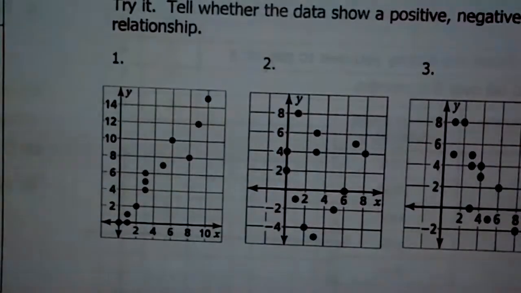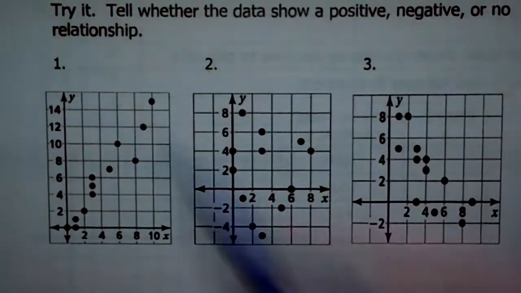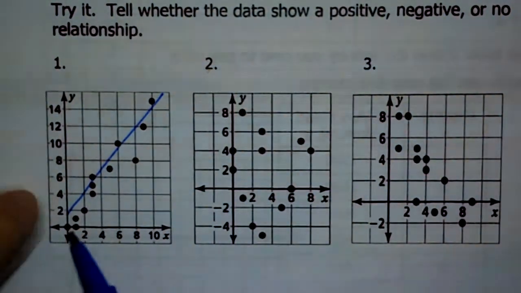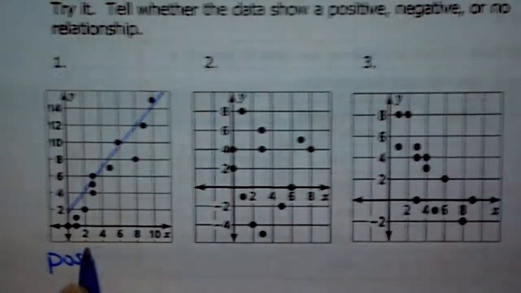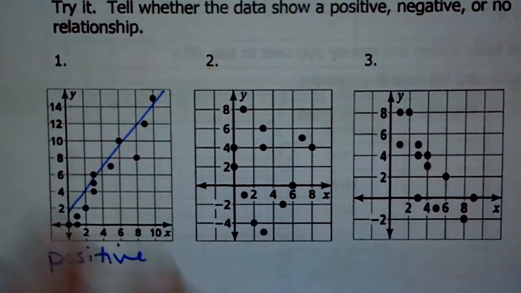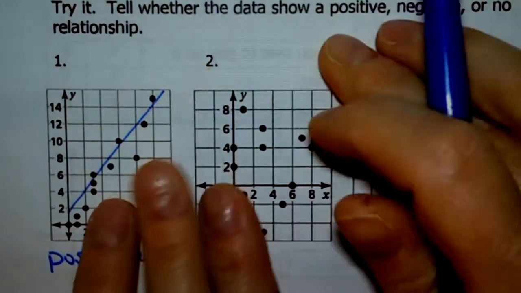So let's try it. Take a look at these dots and see, is it positive, negative, or none? Here, if I draw a line through where the data is heading, I see that as x is going up, y is going up. That means positive, so write positive. Here, if I drew a line, I'd have points that were really far away from it.